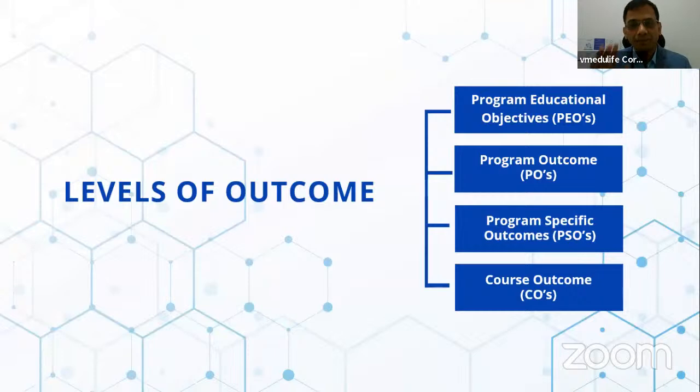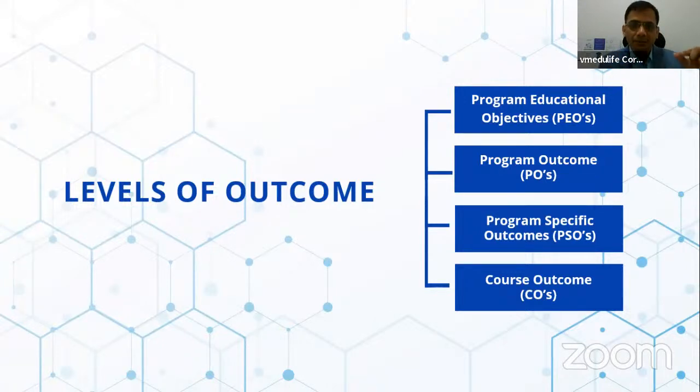Perfect. And the most important is the program education objective. These are statements which I need to achieve as a student. For example, once I graduate from my degree, within the upcoming 3 to 4 years I am expected to achieve these program education objective statements.